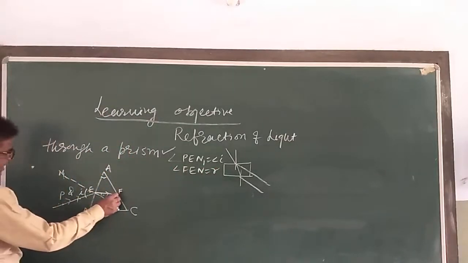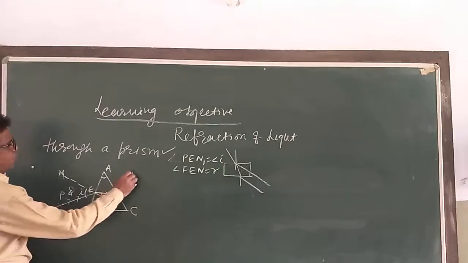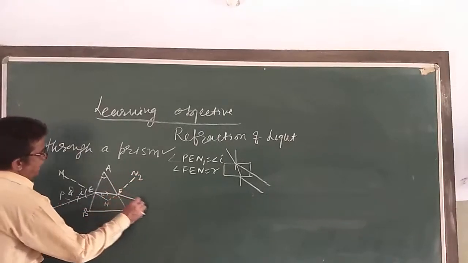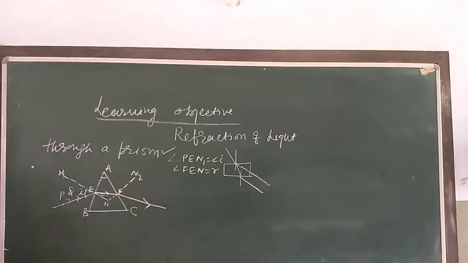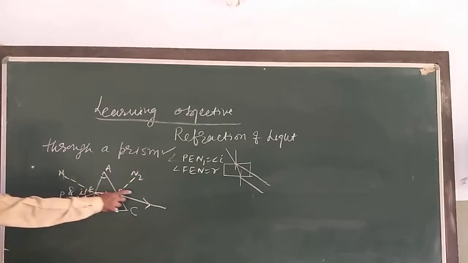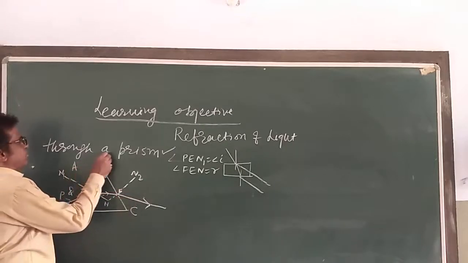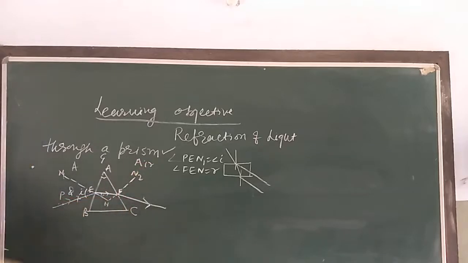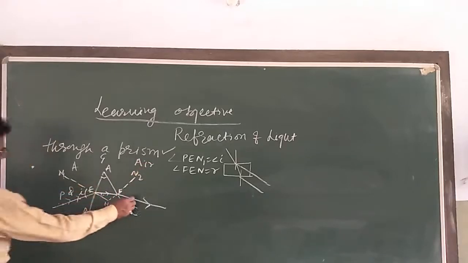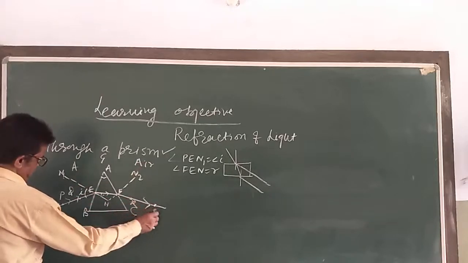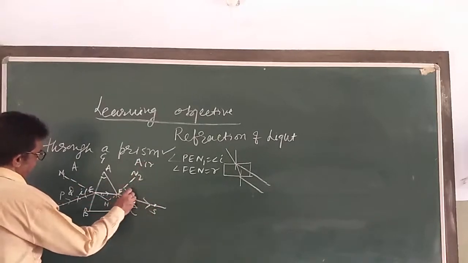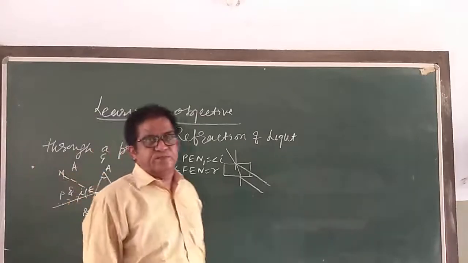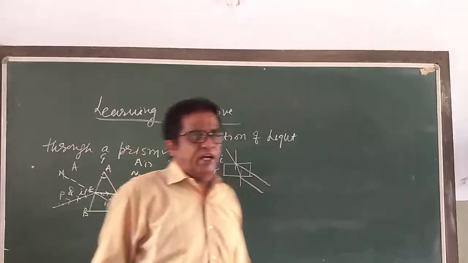Now again here, draw a normal. It will bend away from the normal. Going from rarer to denser medium, it will bend towards the normal. Going from denser to rarer medium, glass to air, it will bend away from the normal. And along FS, the angle is called the angle of emergence.